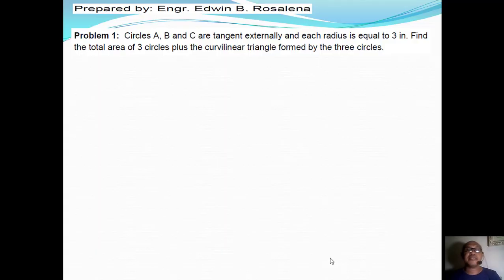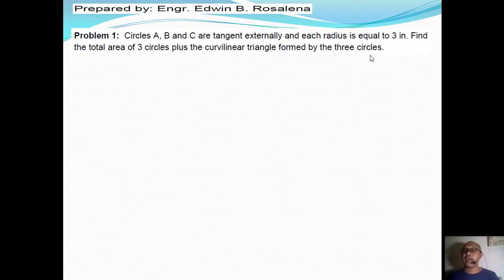Circles A, B, and C are tangent externally and each radius is equal to 3 inches. Find the total area of 3 circles plus the curvilinear triangle formed by the 3 circles. Okay, so we have 3 circles, A, B, and C. They are tangent externally to each other.